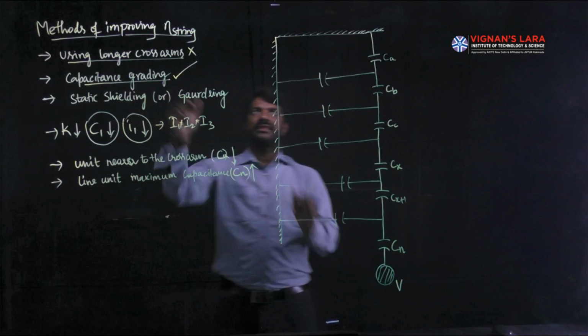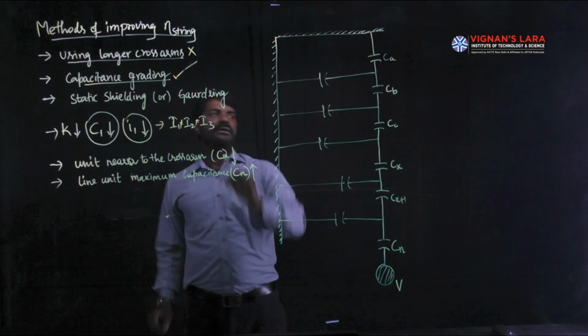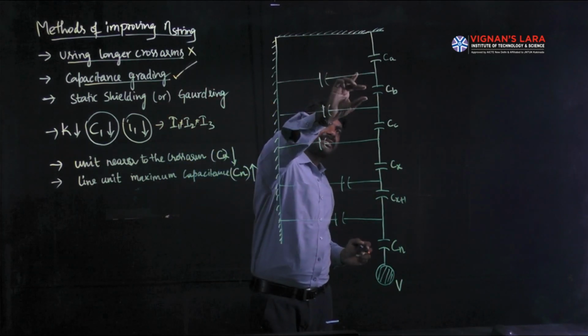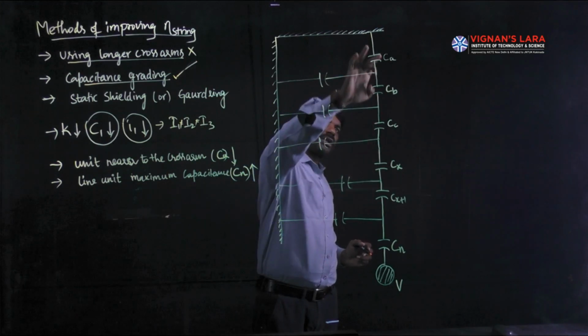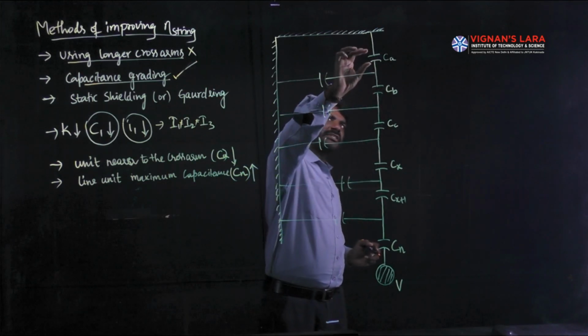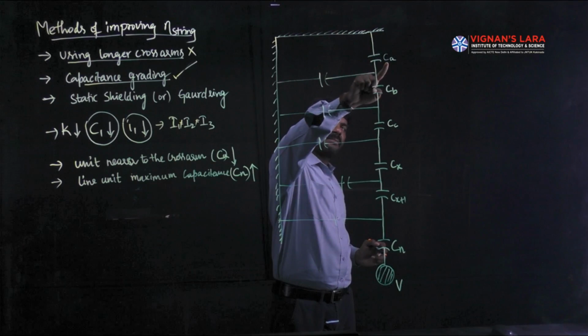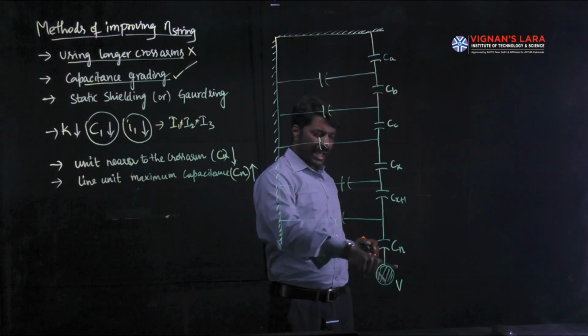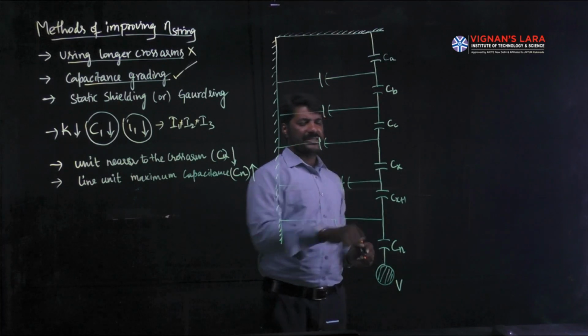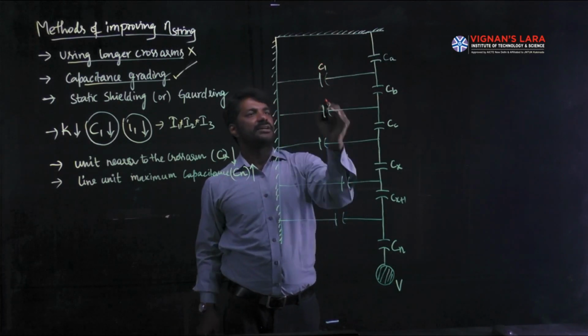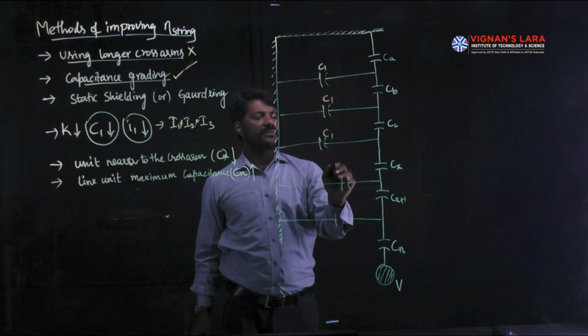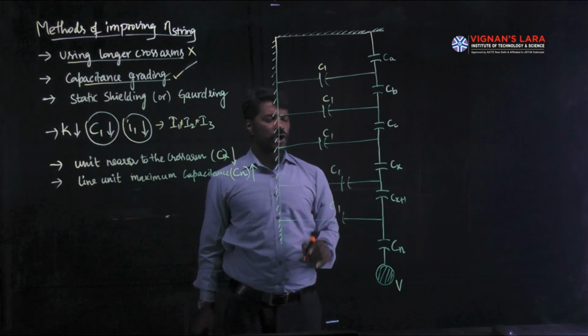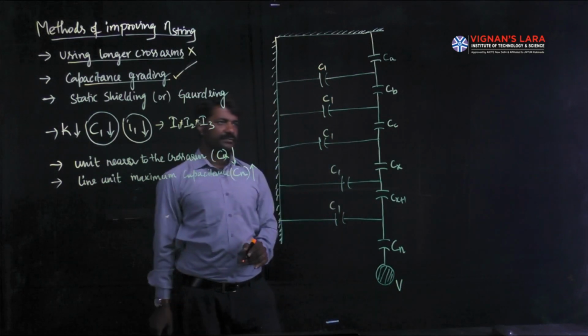In this second method called the capacitance grading method, the units are selected in such a way that these capacitances are not equal, and the unit which is nearer to the cross arm has lesser capacitance, and the unit which is nearer to the line conductor has maximum capacitance. These are the shunt capacitances formed between the link joint and tower structure.